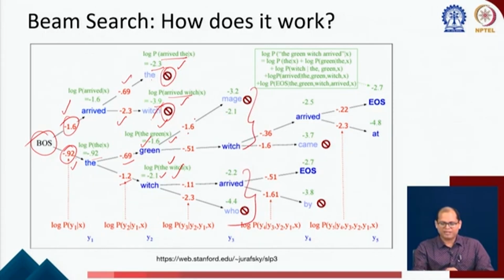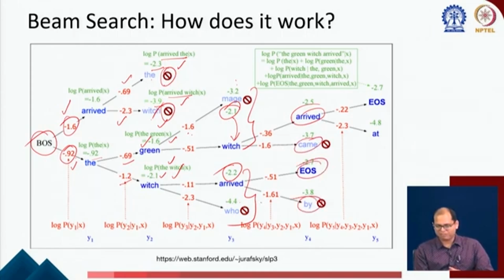I have the individual probability, and I get the probability for the entire sequence by adding it to the previous partial completion: minus 3.2, minus 2.1, minus 2.2, minus 4.4. So, I take this and this, which and arrived. I will continue from this: the green which arrived and came, the which arrived end of sentence, the which arrived by.